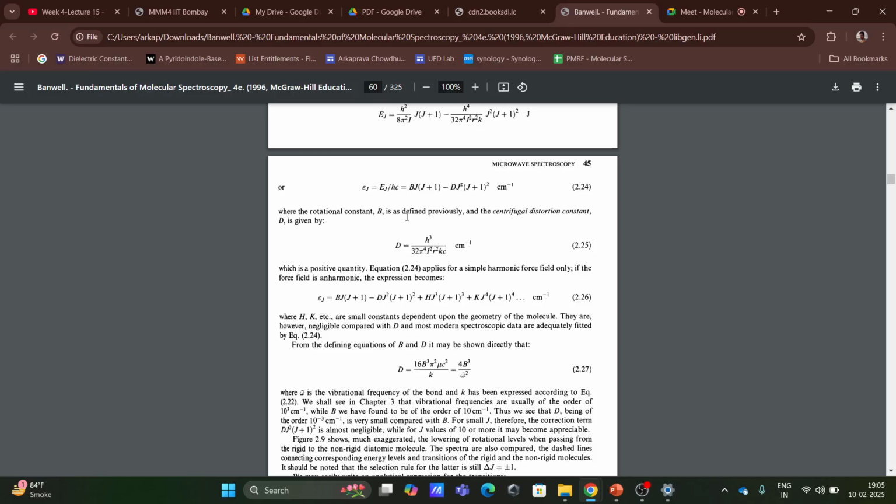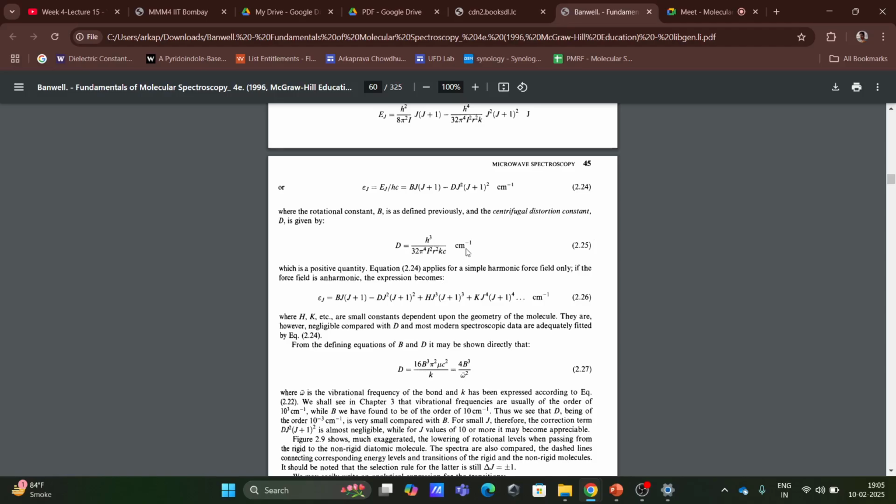Just like you already knew that B is a rotational constant, D is the centrifugal distortion constant and D has a specific value. Don't try to mug it up, then it will be difficult. Maybe the value will be given for a numerical problem.